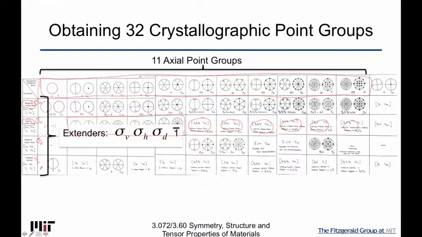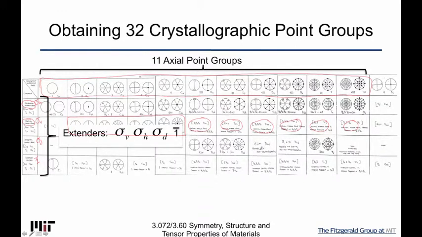And then finally, we pick up a few stragglers because, what's interesting, and you'll see this, a lot of these mirror planes produce inversions at the center anyway. So a lot of these other point groups already have inversion centers that are induced by the extender. And so making unique ones is actually very difficult down here because, if we insert these first, they already get evolved this way.